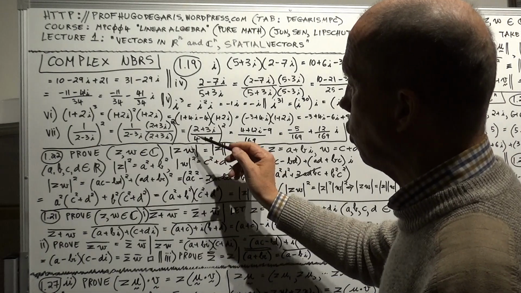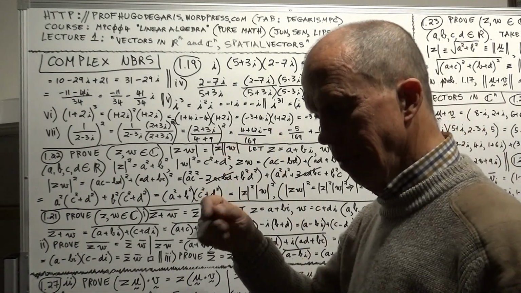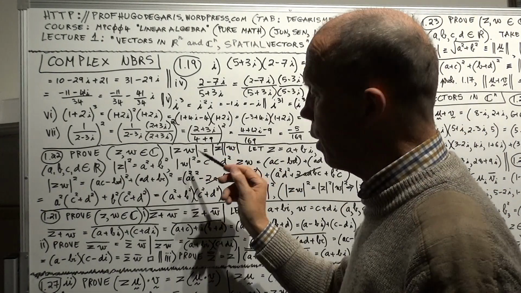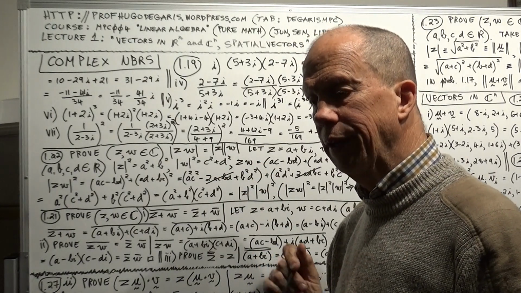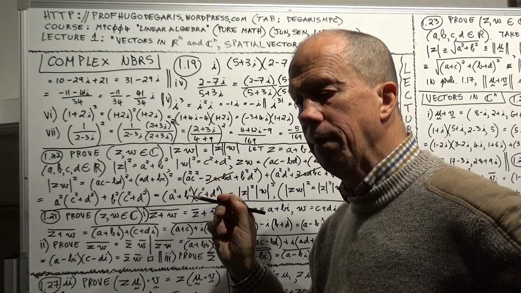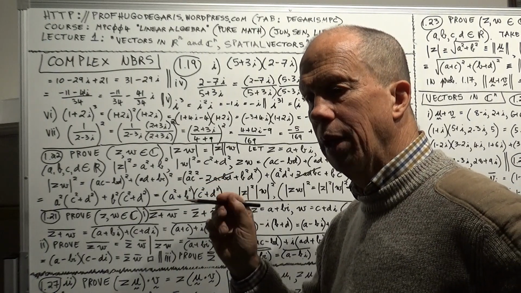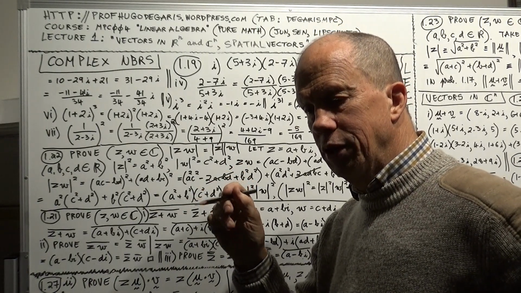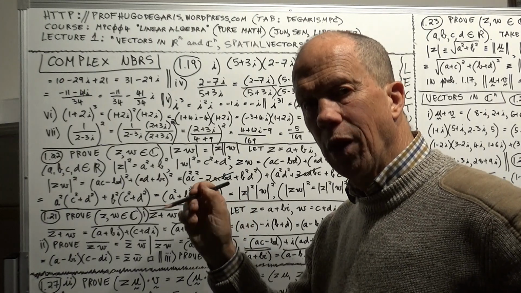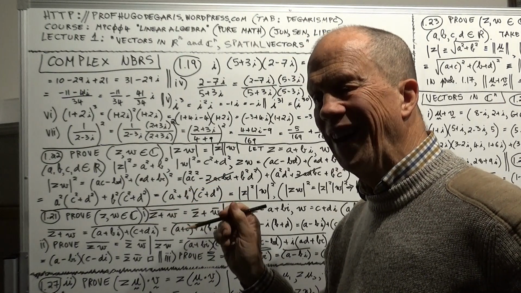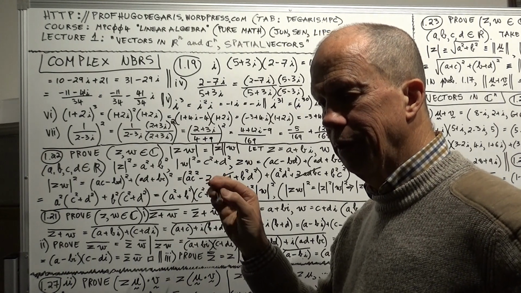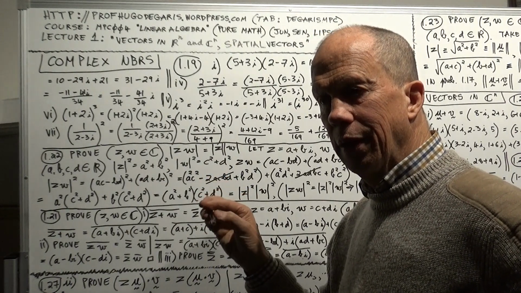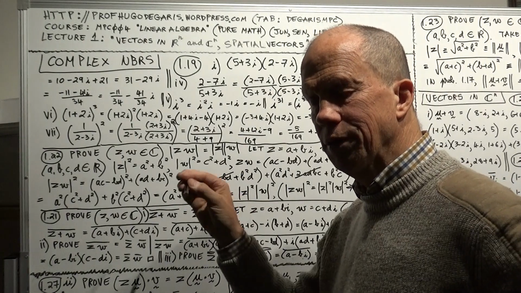Now, a bit of revision, what does the mod of a complex number mean? It's sort of its length. If you think of the Argand diagram, z is usually expressed as x plus yi. On the Argand diagram, the point in two-dimensional space is x, y, think of those as coordinates.